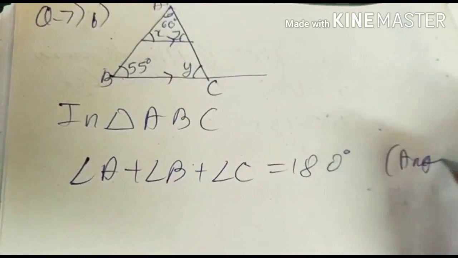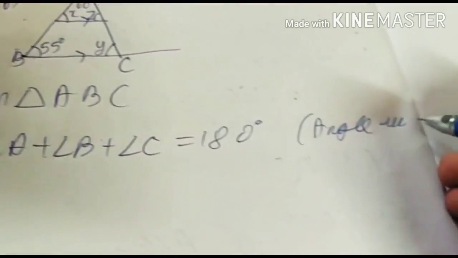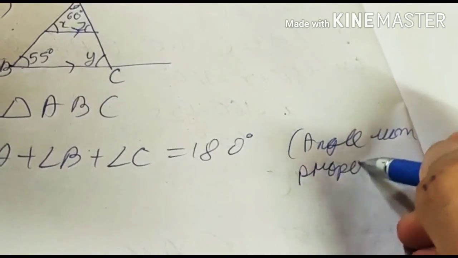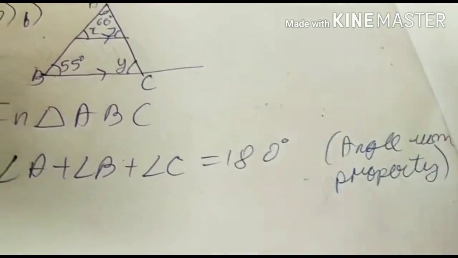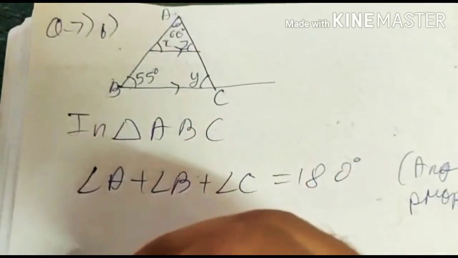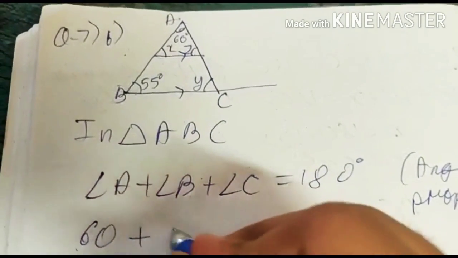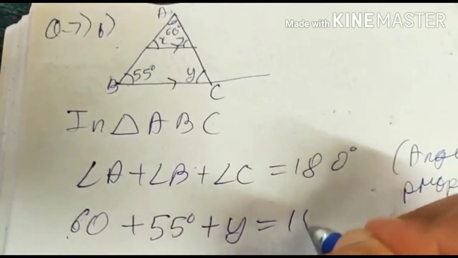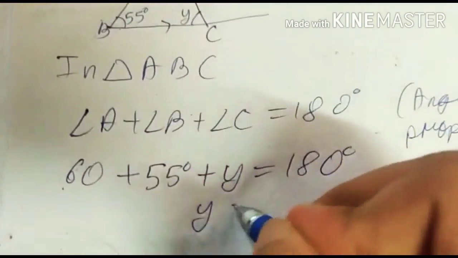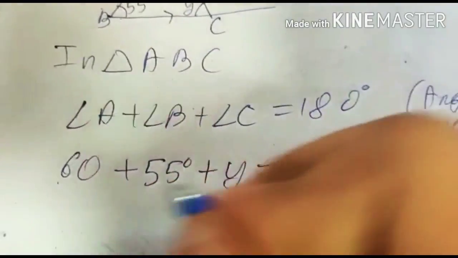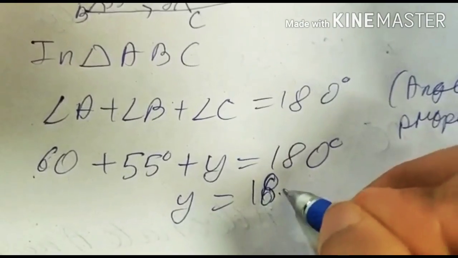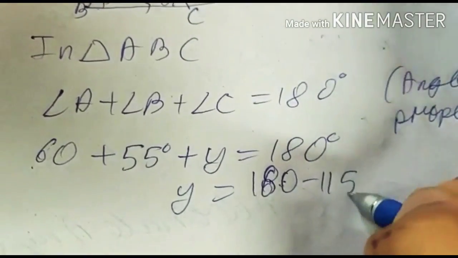Angle sum property. Here angle A is 60 degree, angle B is 55 degree, angle C is y degree, equals 180 degree. So y equals 180 degree minus 115 degree.